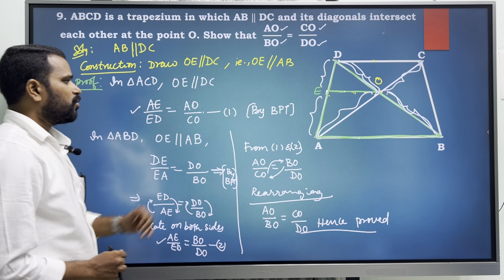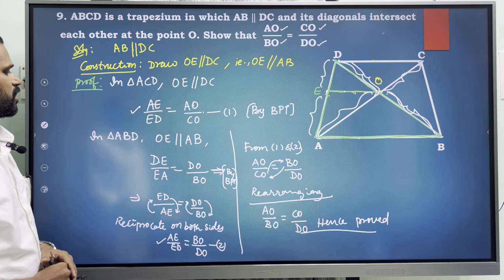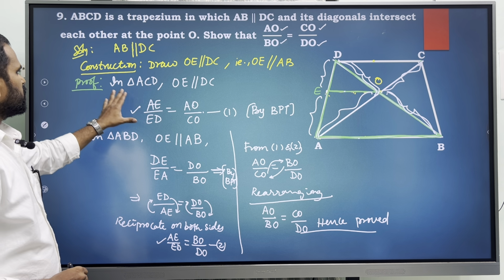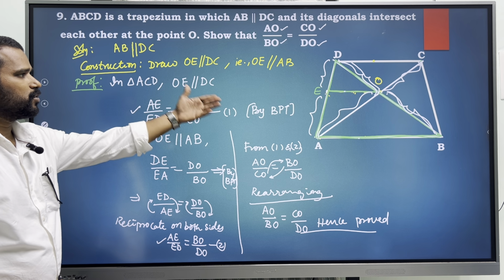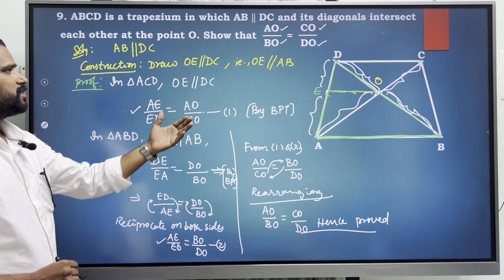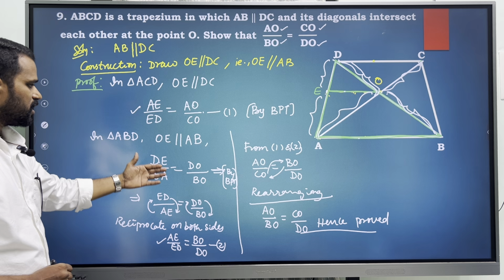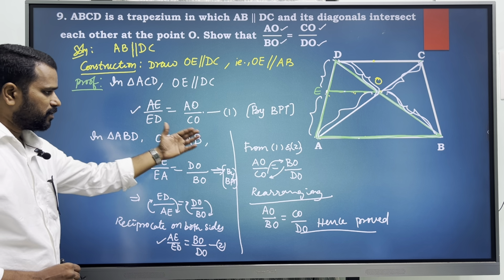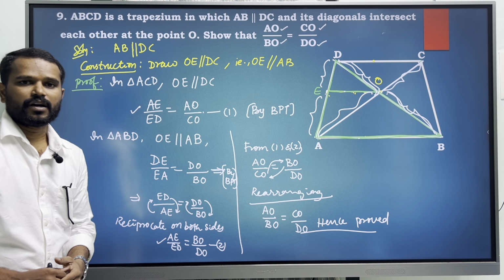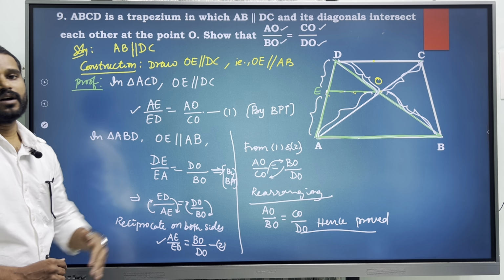Understand? So this is regarding this question. Simple. Only thing is construction, we have to draw OE parallel to DC and AB, and we are using the basic proportionality theorem, and finally we are getting to this. Understand? After rearranging, we will get the required answer.